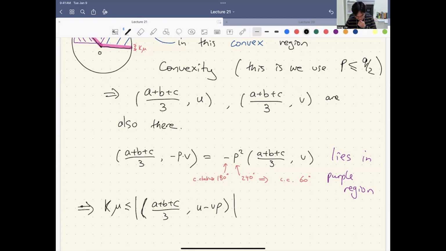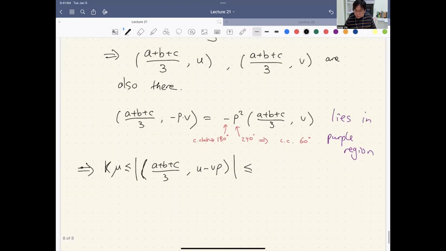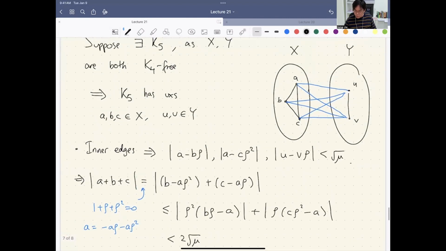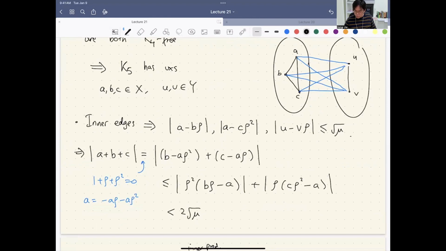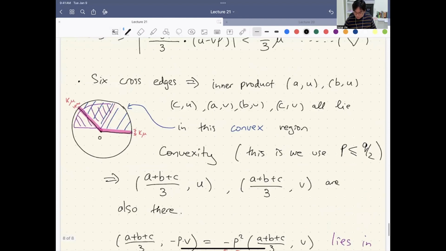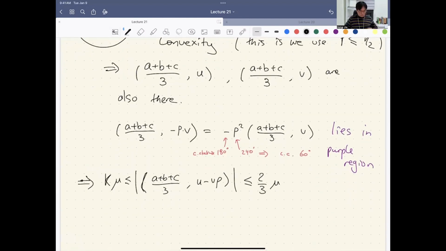But this is at most, by Cauchy-Schwarz, we know this is at most 2/3, less than 2/3. Less or less equal, doesn't matter. Contradiction. Okay. Any question?